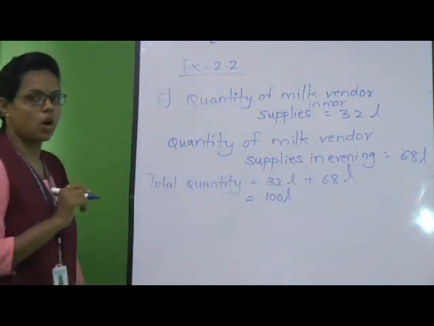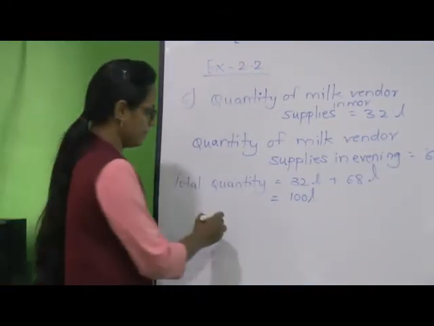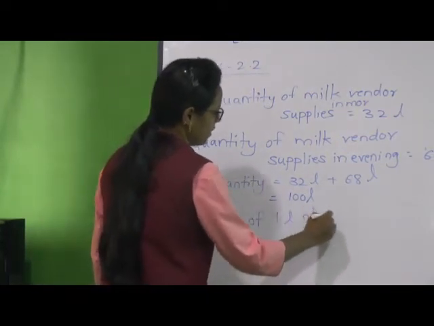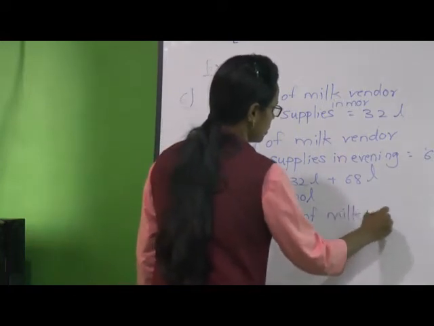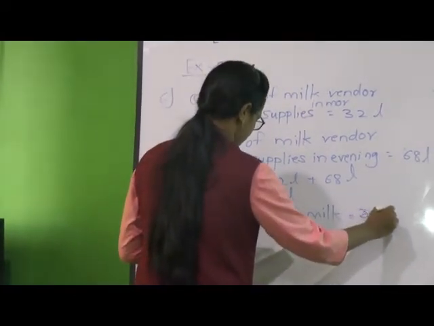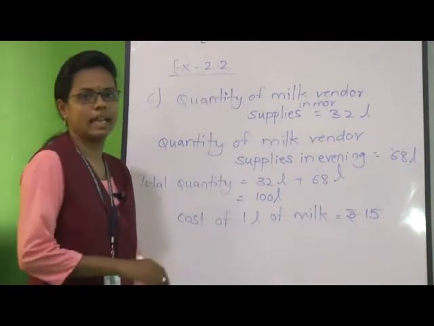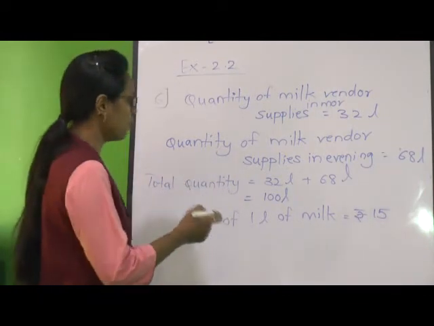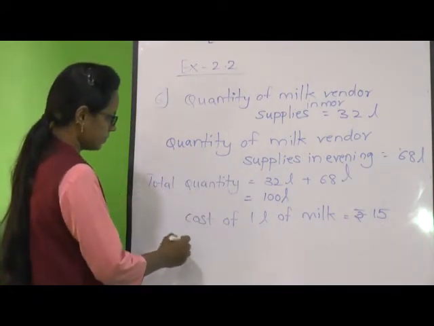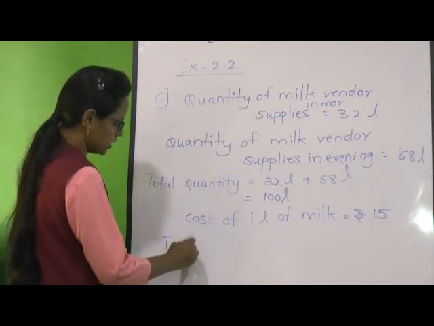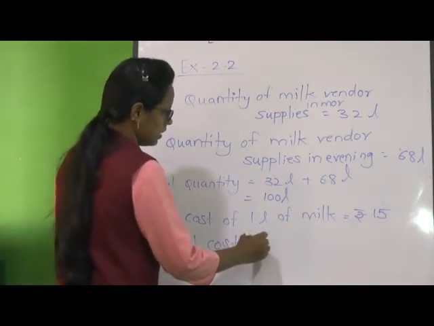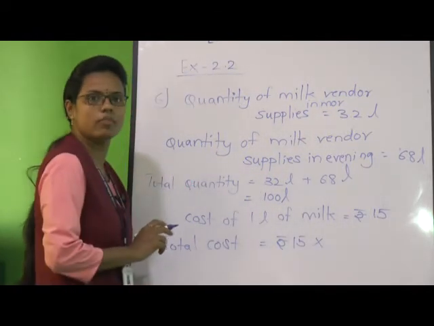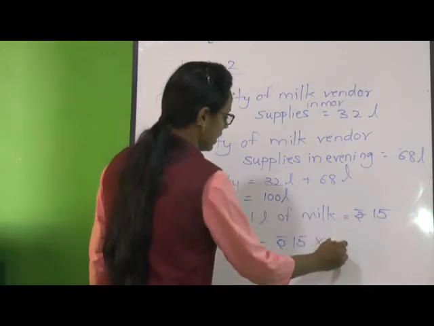Now the cost of 1 liter of milk is given. The cost of 1 liter of milk is how much? Rupees 15. Now we have to find the total cost the vendor needs to pay. So total cost is equal to rupees 15 multiplied by how many liters of milk? 100.